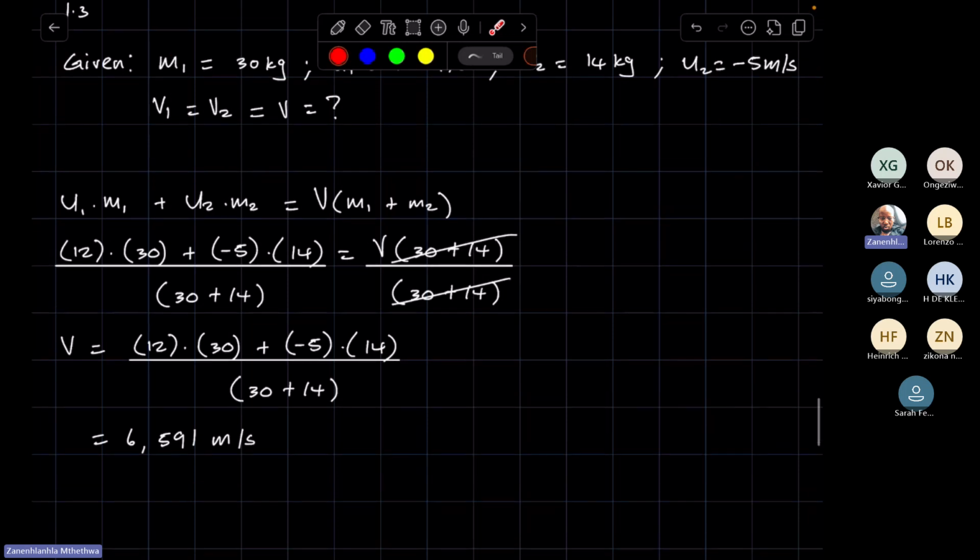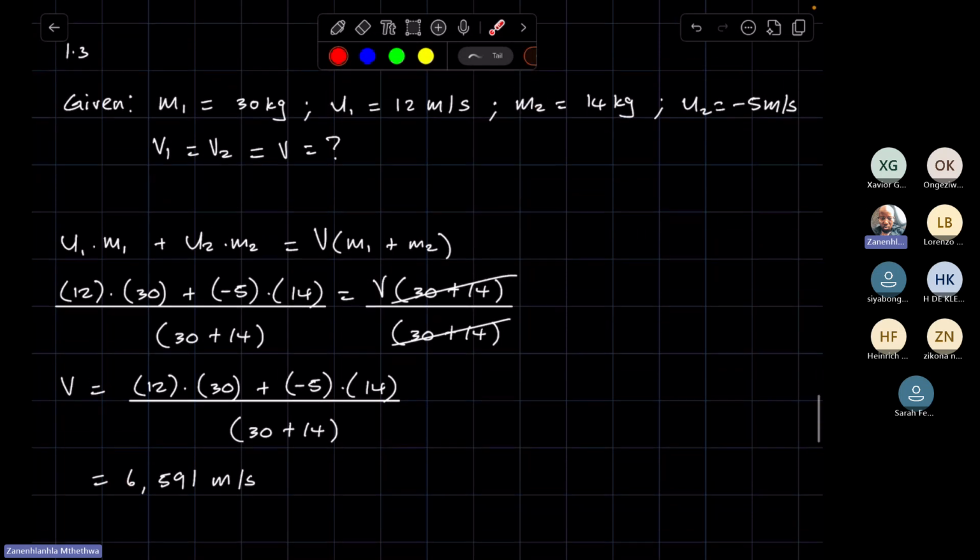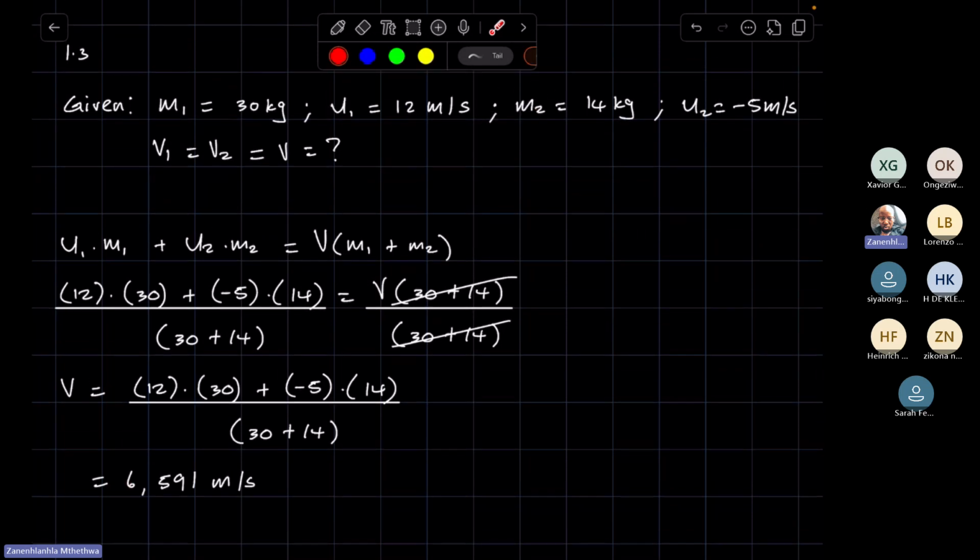So it's not so much important that this is headed east. What is important is that it is headed in the same direction as the initial direction of mass 1.